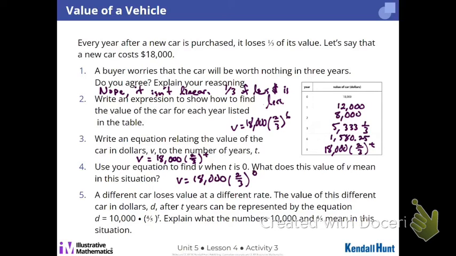This is further proving that a 0 exponent pumps out 1, because 2/3 to the 0 power is 1, times 18,000 leaves me with 18,000. That means year 0, 18,000, right? Makes sense. It hasn't been cut down by 1/3 yet.